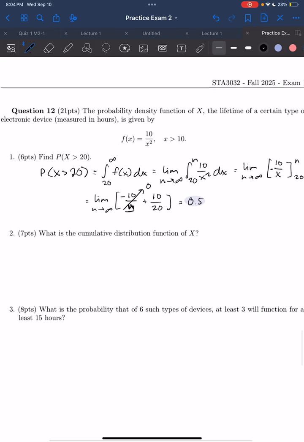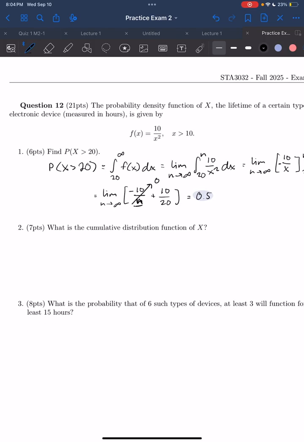Okay, and now it's asking for the cumulative distribution of our function. So recall that the formula for a cumulative distribution is F of x equal to the integral from negative infinity to x of f of t dt.